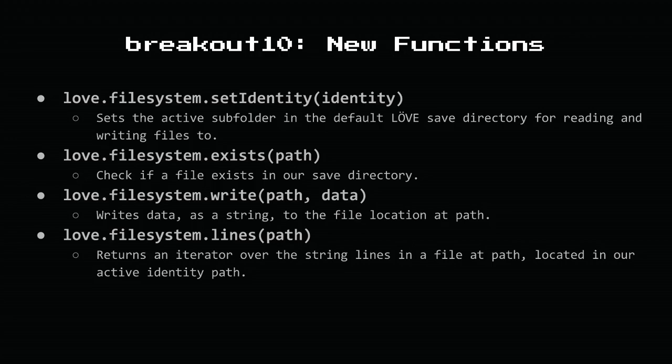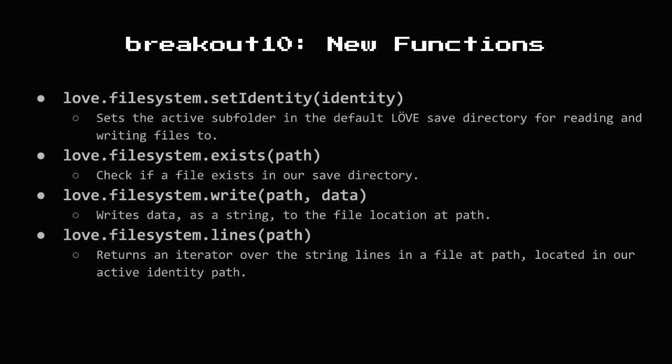The way that we'll transition, therefore, into love.filesystem, which is breakout 10's main new thing that it introduces. So writing files to your file system is done with love.filesystem. Love automatically gives you a save directory that's pretty much hard coded.